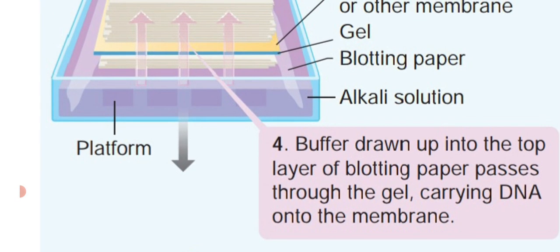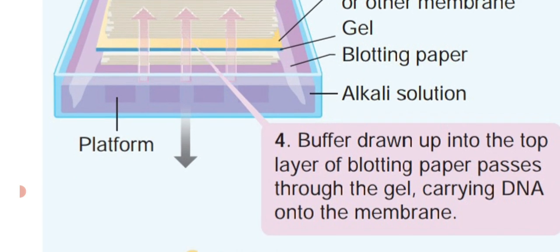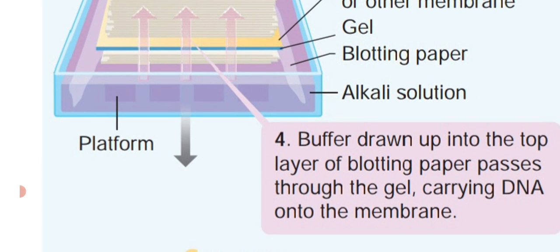Now the buffer solution is drawn up into the top layer of blotting paper and passes through the gel, carrying DNA onto the membrane. See the arrow mark, a light pink color. What is the buffer solution? Alkali solution, isn't it? From that alkali solution, the DNA is drawn up onto the membrane, the nitrocellulose or other membrane carrying the DNA.